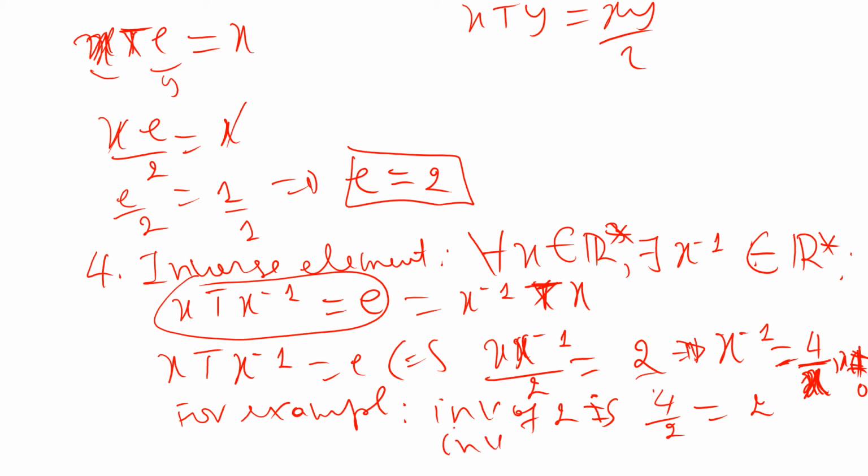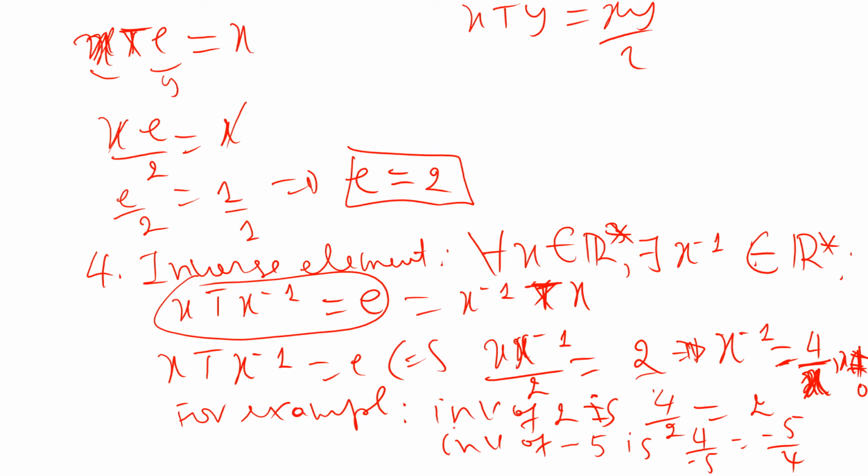The inverse of, for example, -5 is 4 over -5, which is -4 over 5. Then conclusion, an inverse element exists. Up to here, since all those 4 properties are satisfied, then R star under T is a group.